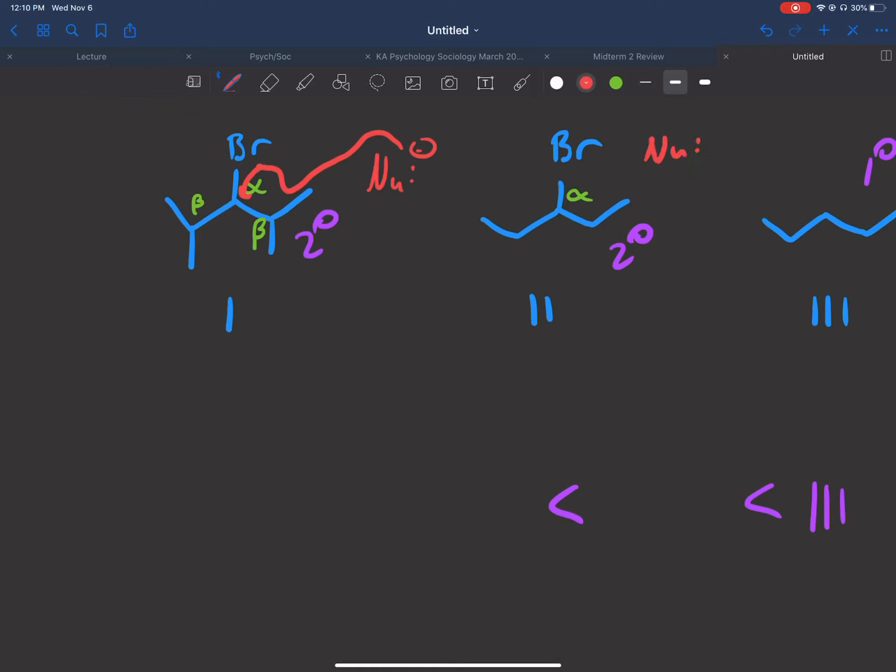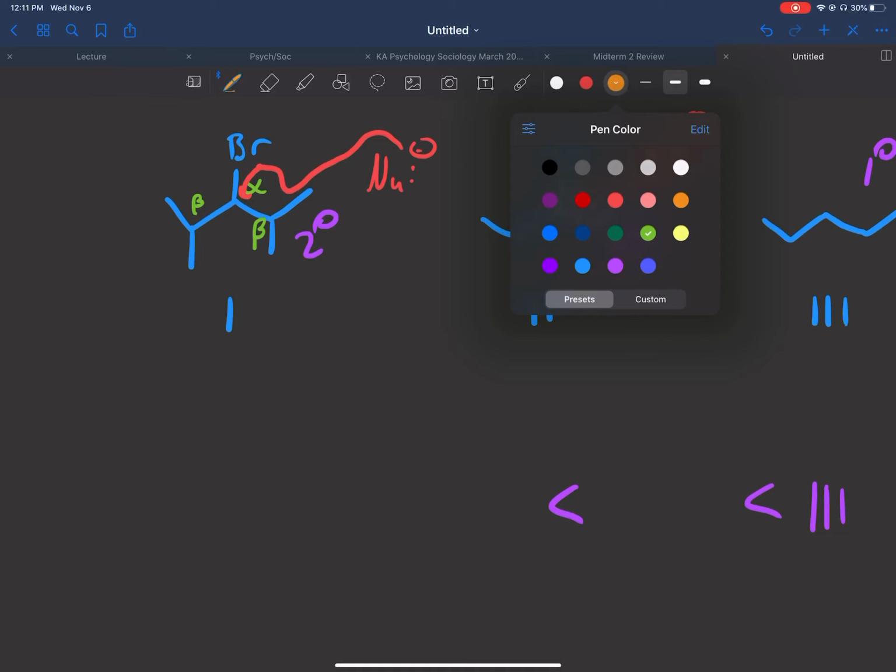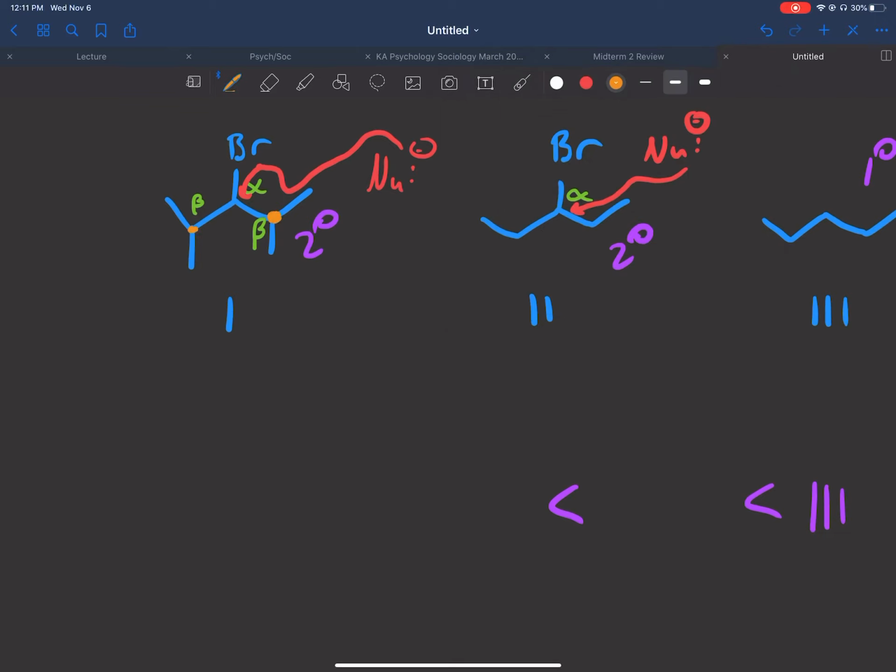So looking between 1 and 2, right? 2 is going to have less things around on the beta carbons because you can see here in, let's do orange, right here, those two carbons. They both have 2 methyls off of them. The beta carbons here only have 1, so they have less beta branching.